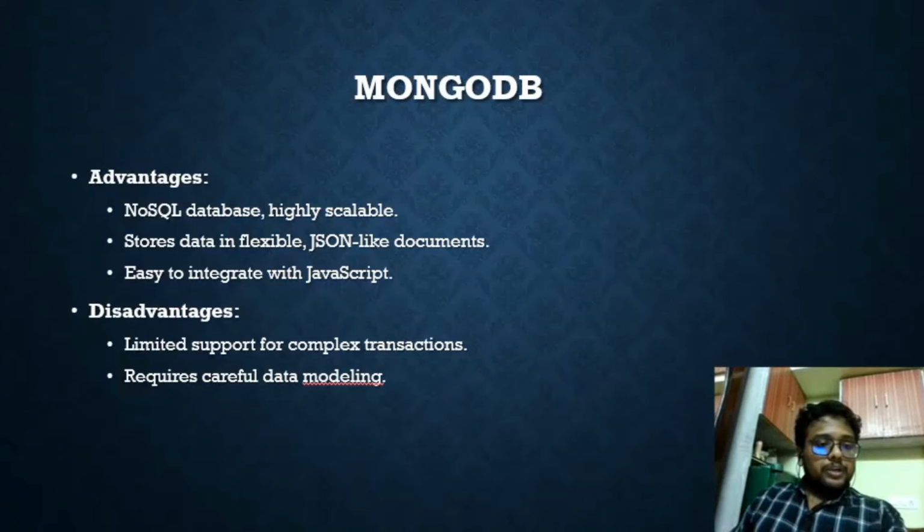For example, if you are building a social media app, you can easily add or update your user profiles without any trouble. Now, coming to its advantages, MongoDB is fast, scalable, and works perfectly with JavaScript. Coming to its disadvantages, it has limited support for complex transactions and requires careful data modeling.